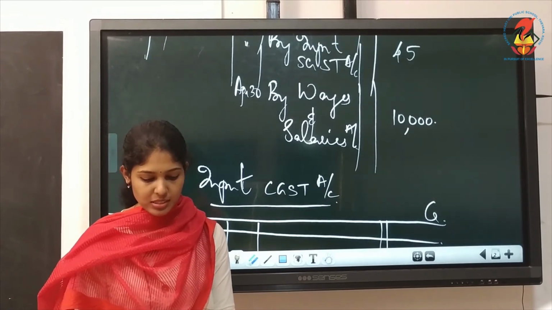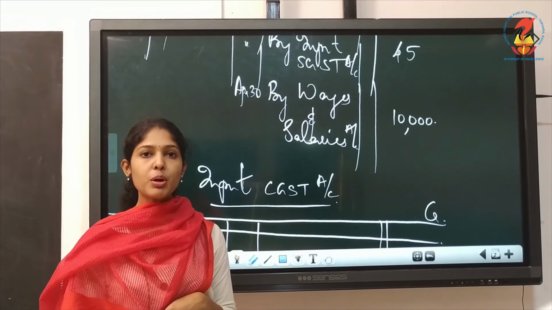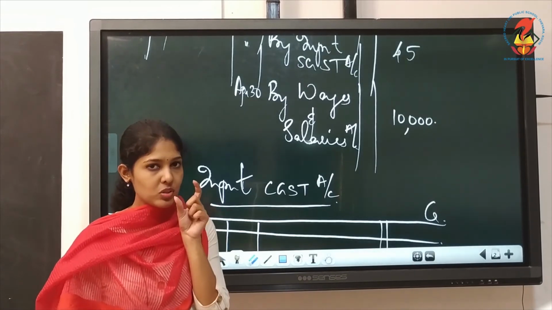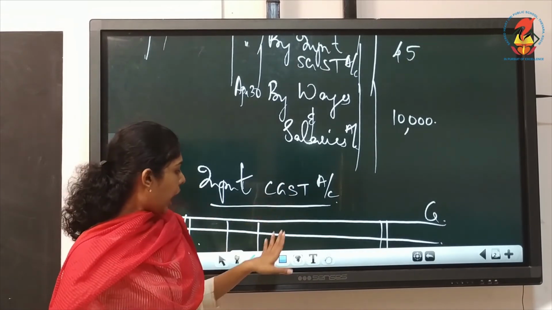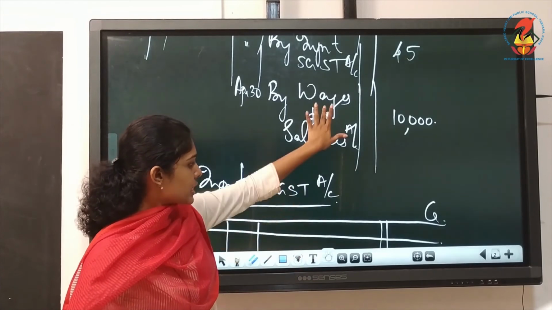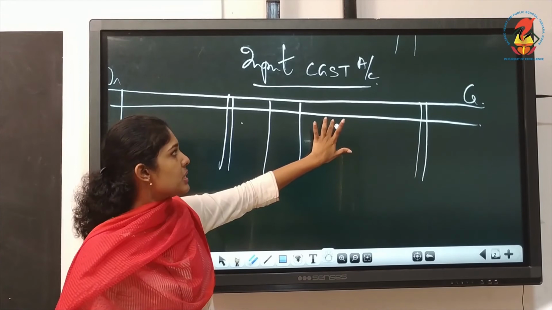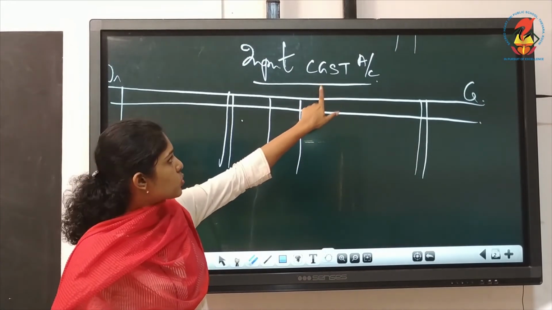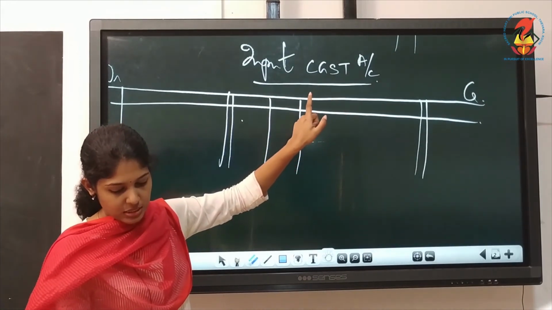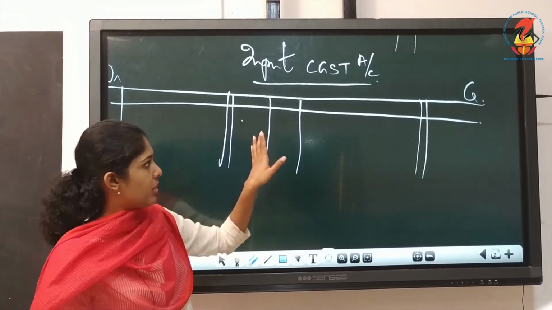And which amount will you write? Amount you must write very carefully. We are preparing input CGST account and the amount you must write on the debit side is the CGST amount. So, here in this question, CGST amount is 2700.